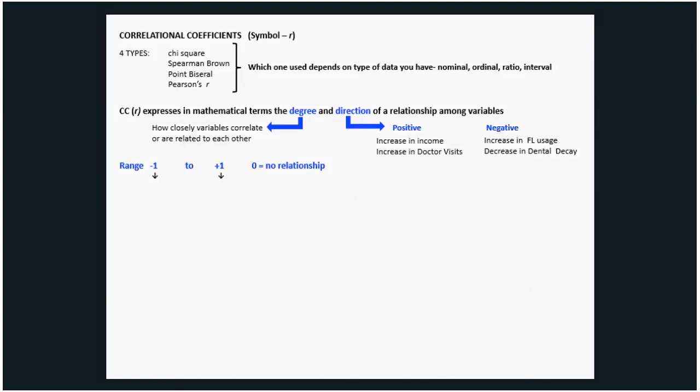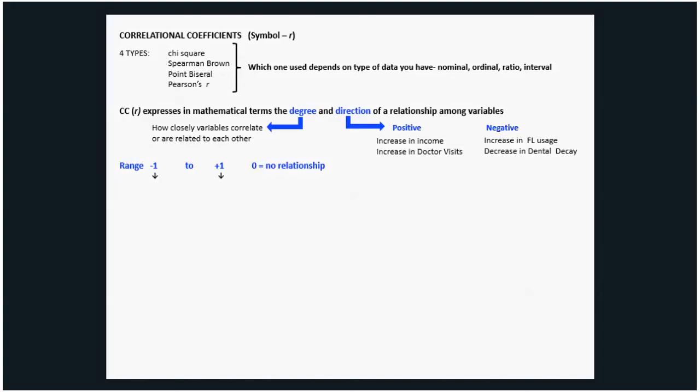You increase another 10,000, so you've got 20,000, your doctor visits go up, and now it's 4. And then same thing, 30,000, you go up 6. 40,000, you go up 8. That's a positive relationship.